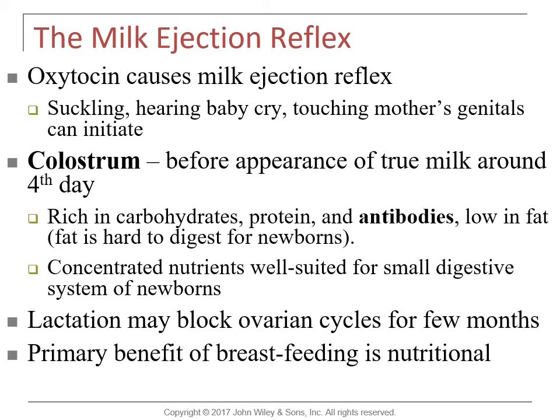In response, secretion of oxytocin from the posterior pituitary increases. Carried by the bloodstream to the mammary glands, oxytocin stimulates contraction of myoepithelial cells, which are the smooth muscle-like cells surrounding the glandular cells and ducts.